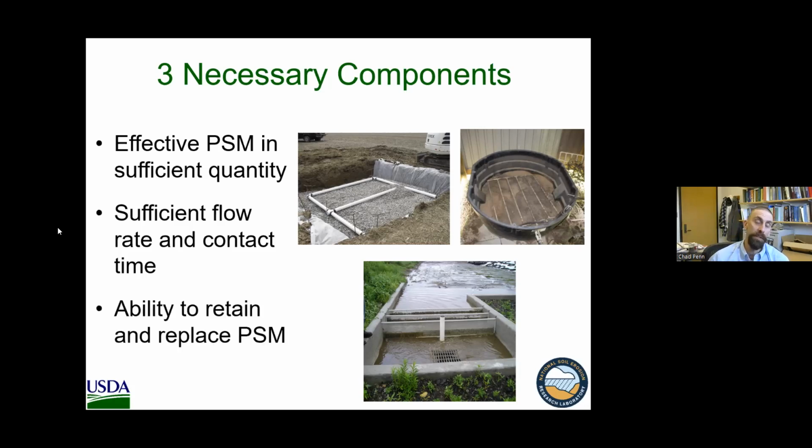And they also have to be designed and constructed so that you have the ability to retain that media. You can't just throw it in a waterway. You have to be able to retain that media and then be able to replace the PSM at the appropriate time, when it's no longer effective or performing to what you need it to do.